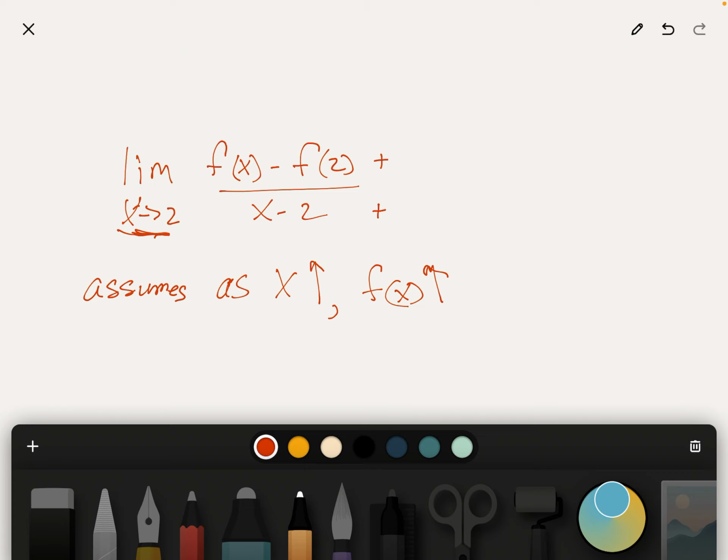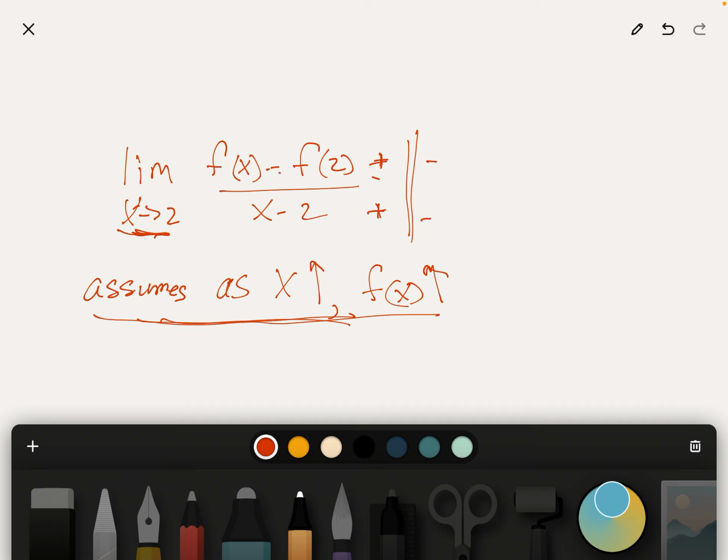But of course, that's not always going to be the case. If we make this assumption, what I said is true. Then as x approaches 2 from the positive side, this will be positive, and if x approaches 2 from the negative side, this will be negative.